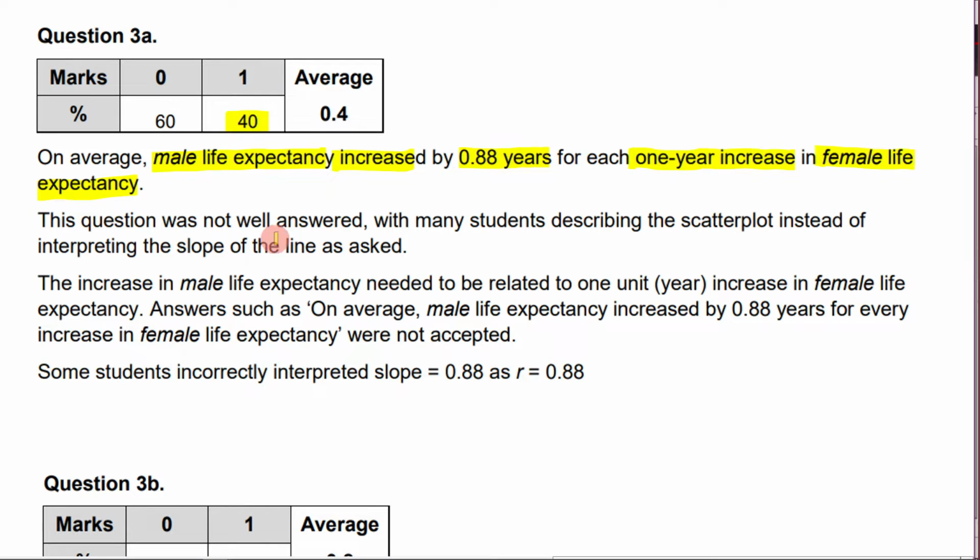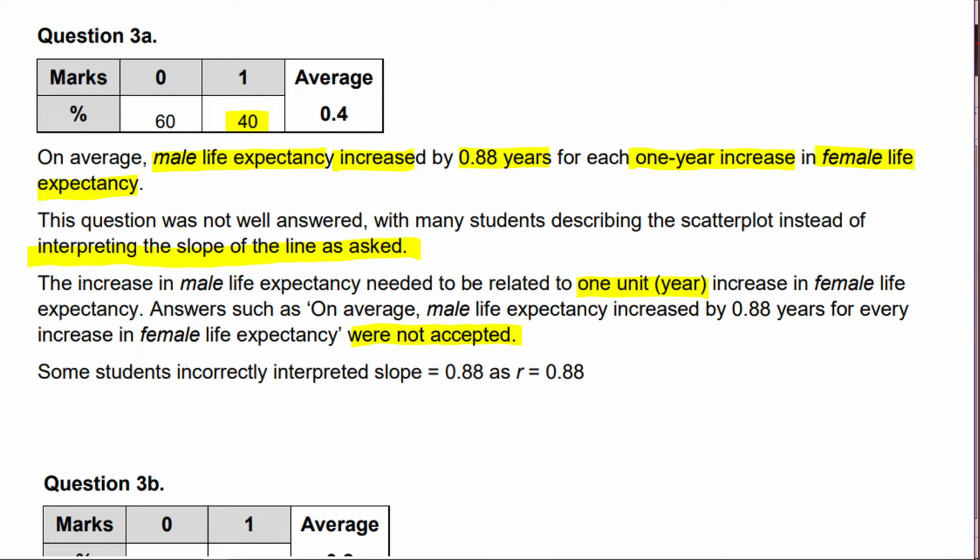We're looking at what the examiners are telling us. This question was not answered well, with many students describing the scatter plot instead of interpreting the slope of the line as asked. Do what the question asks you to do, people. The increase in male life expectancy needed to be related to the 1 unit year increase in female life expectancy. Answers such as, on average, male life expectancy increased by 0.88 years for every increase in female life expectancy were not accepted.